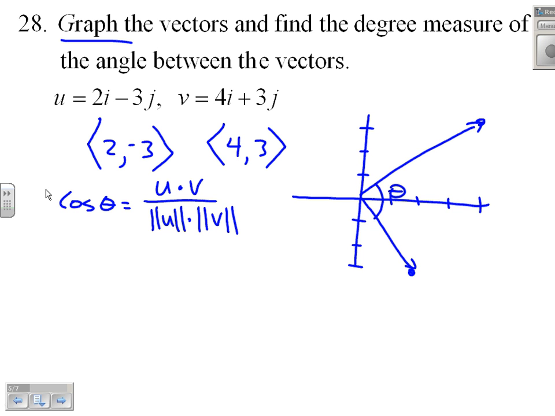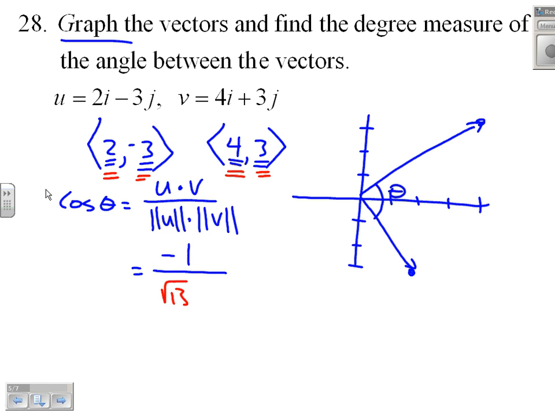So I get u dot v, let's do that one in our head: 8 plus negative 9, negative 1, over the magnitude of u. Let's find the magnitude of u. We're thinking Pythagorean theorem here: 4 and 9, root 13.